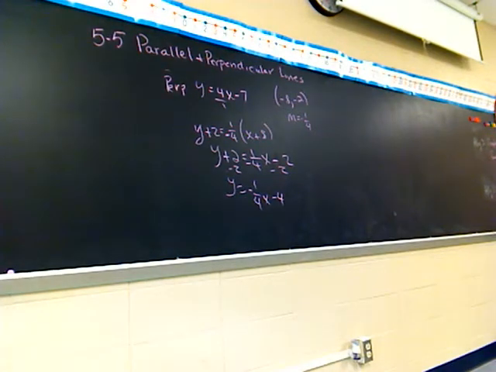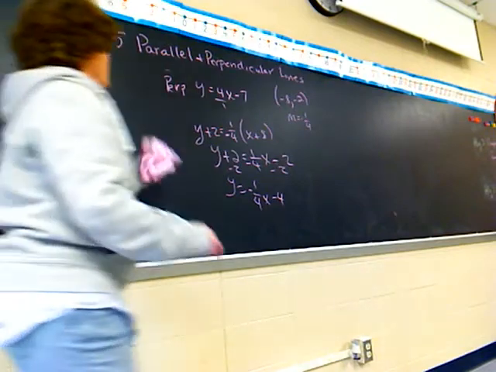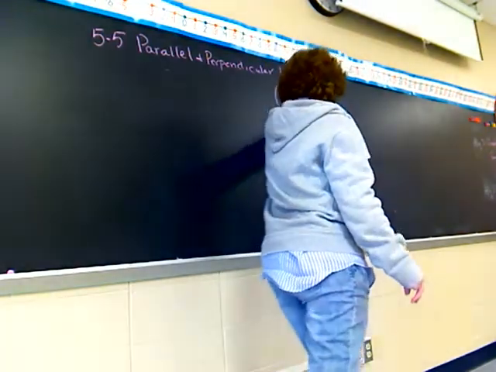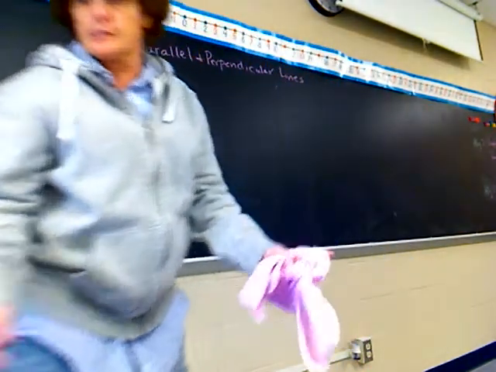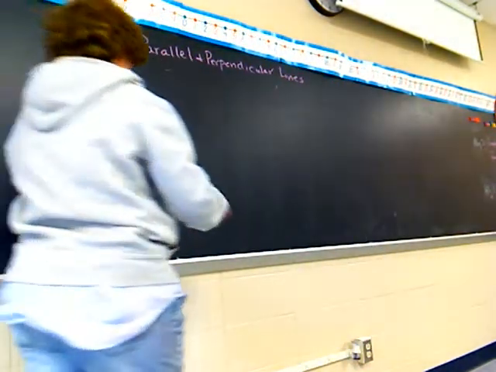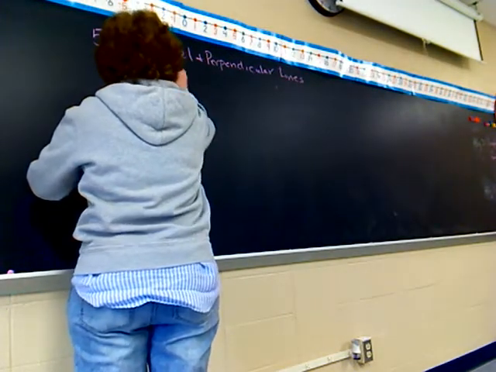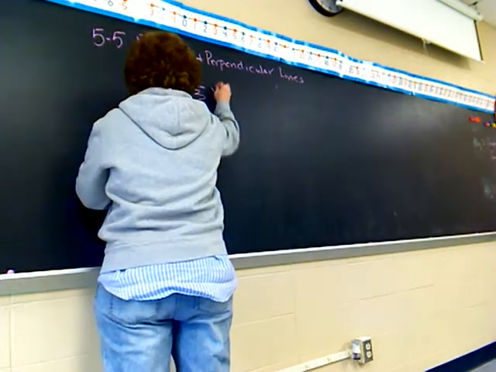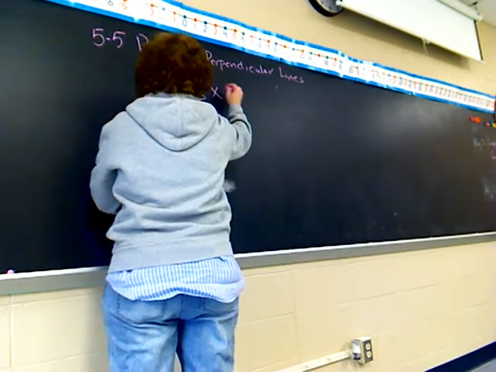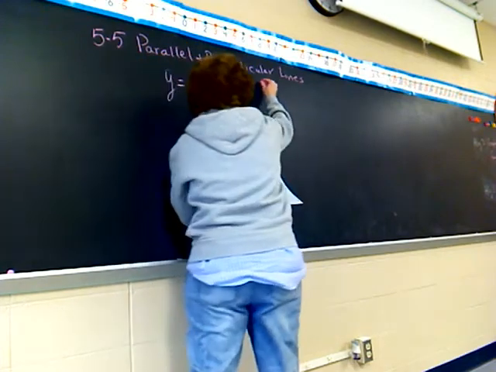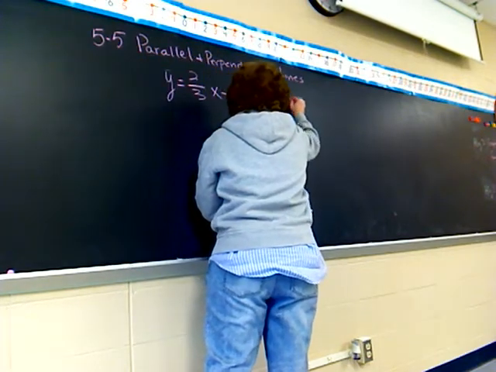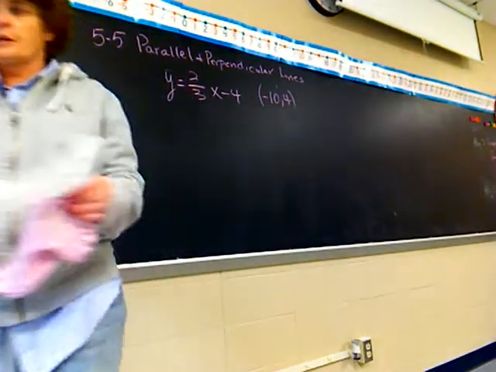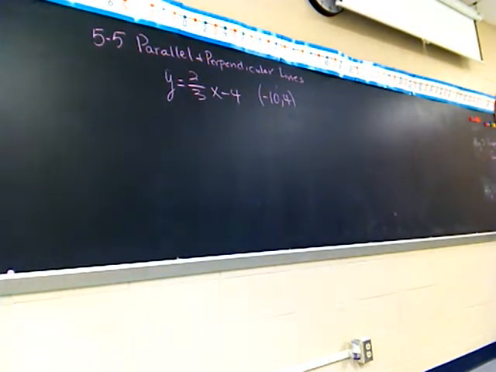Let me do another one of the perpendicular ones. I'm going to write an equation for a line that's perpendicular to this line and goes through this ordered pair.